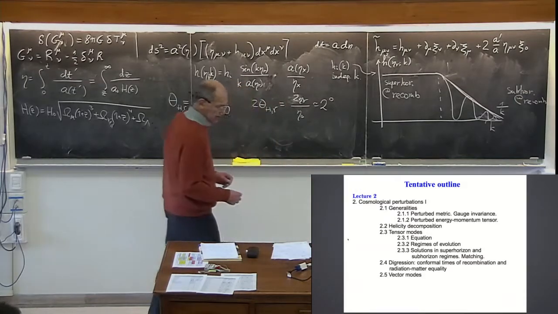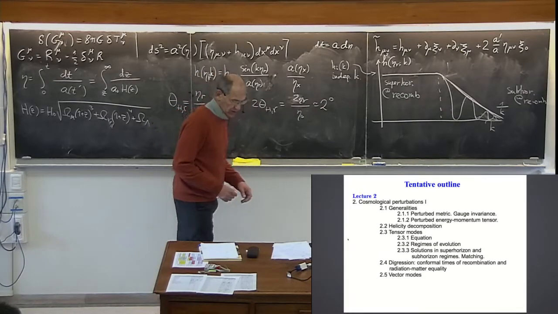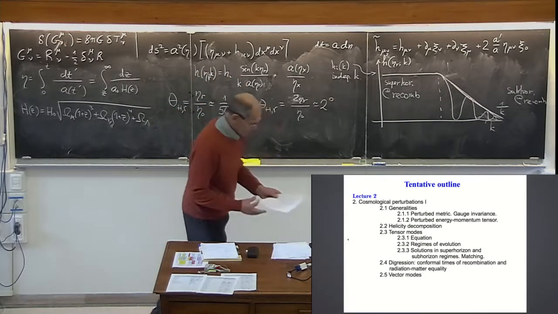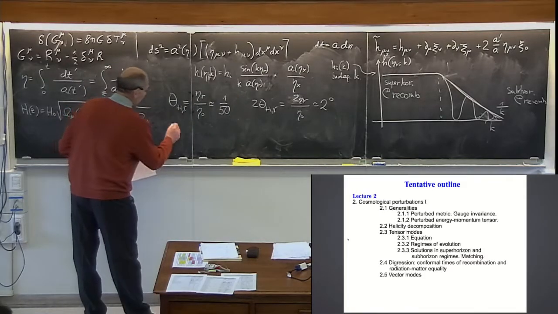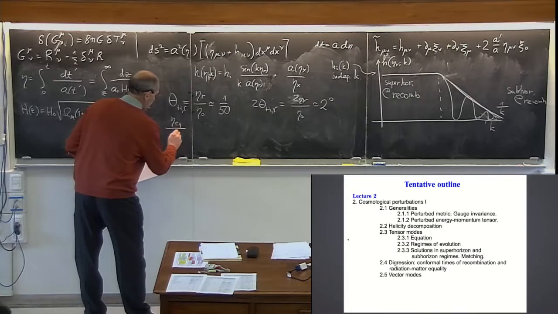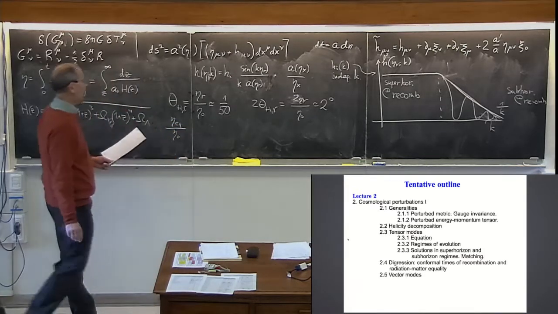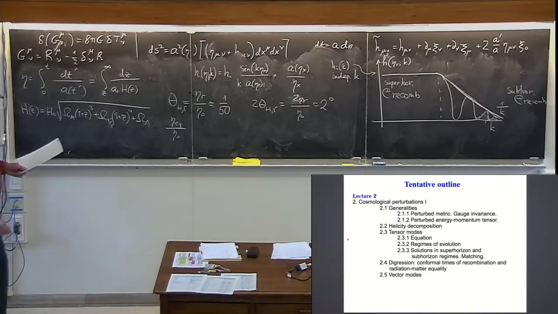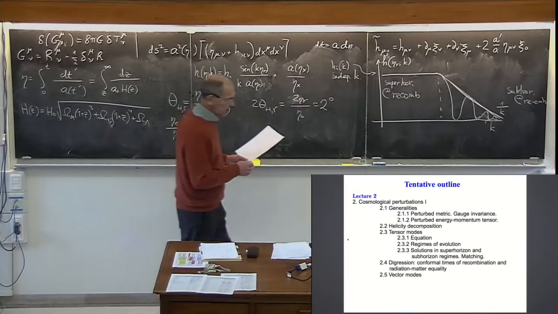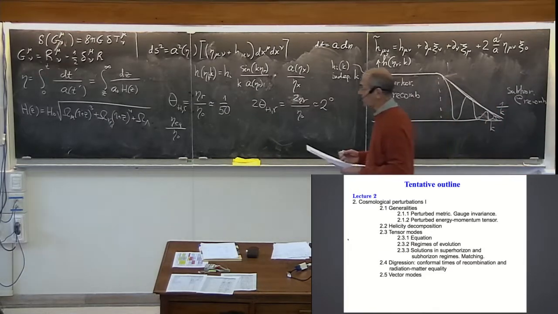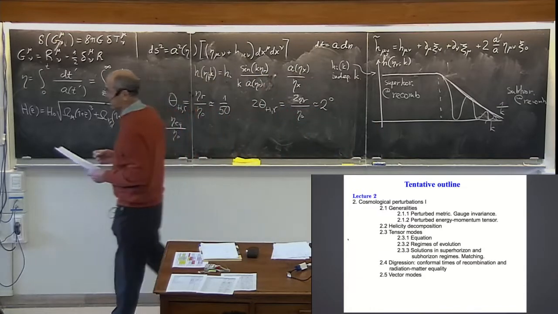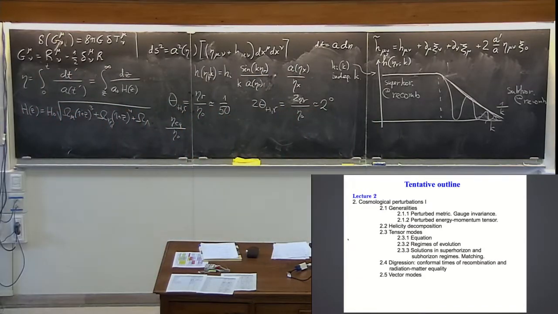It's also useful sometimes to estimate the ratio of eta at equality to eta 0. Why? Because once you try to analytically understand what different perturbations do, the easiest case is when they enter the horizon at radiation domination stage, before equality.